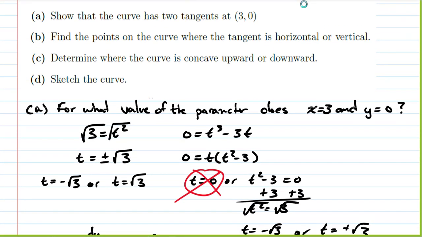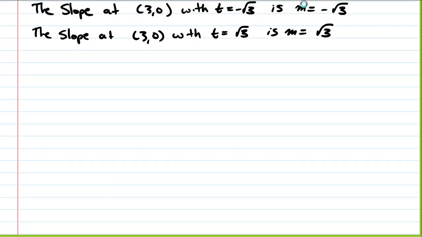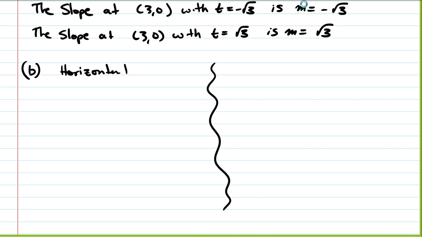Okay, part B asks, find the points on the curve where the tangent line is horizontal or vertical. Well, x tells us about horizontal motion. So it tells us about moving right and left.